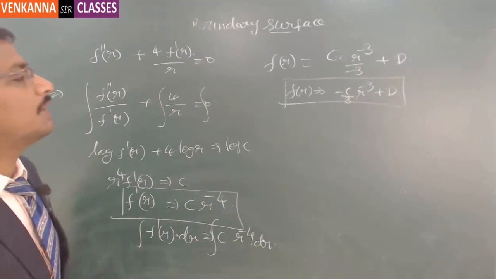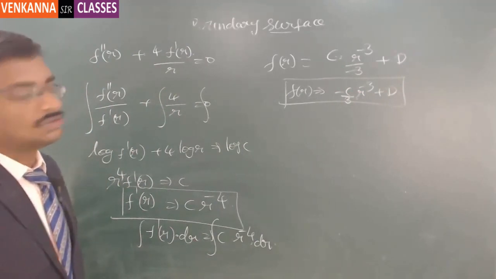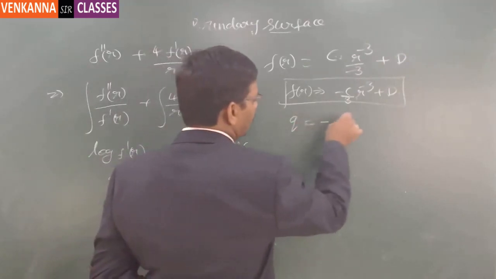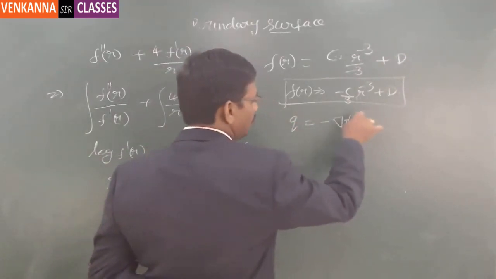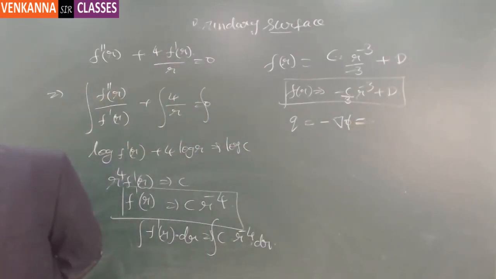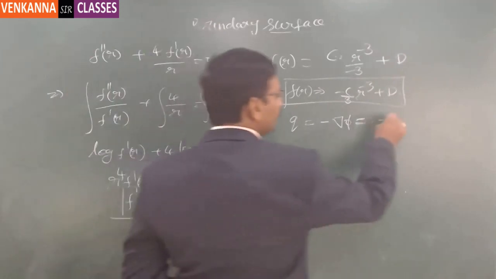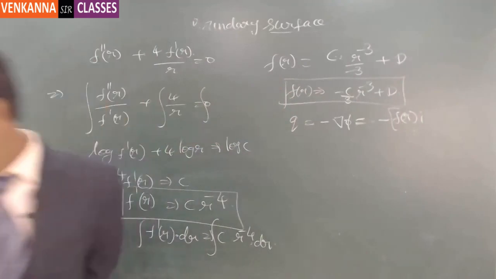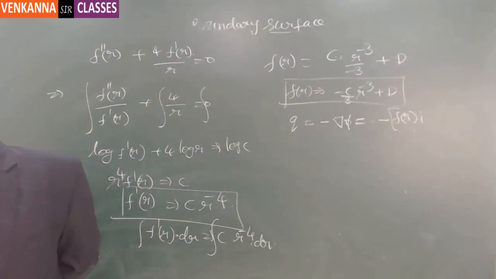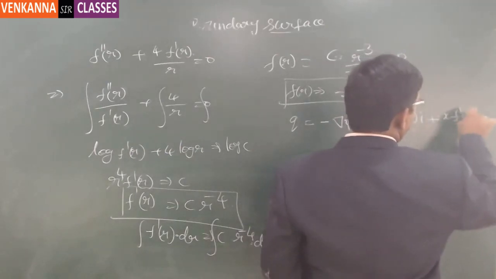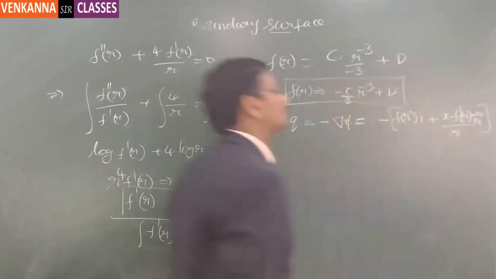Now once you find the f of r value, the q value we have identified to be minus del phi. We have derived this already: minus f of r into i minus x into f dash of r by r into r bar. So this is the velocity vector.